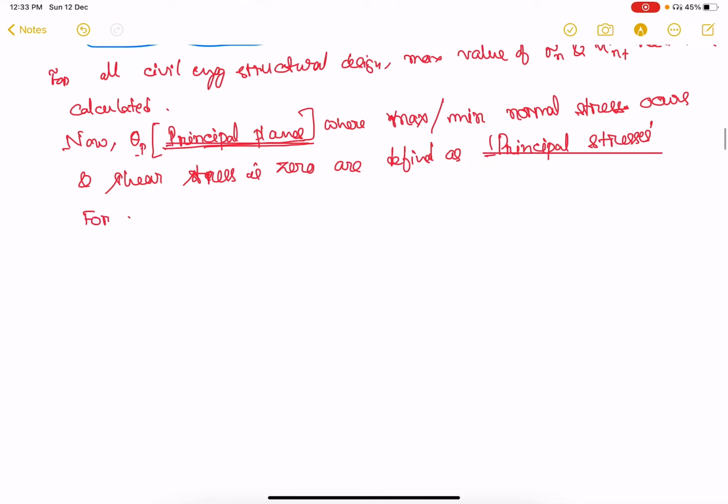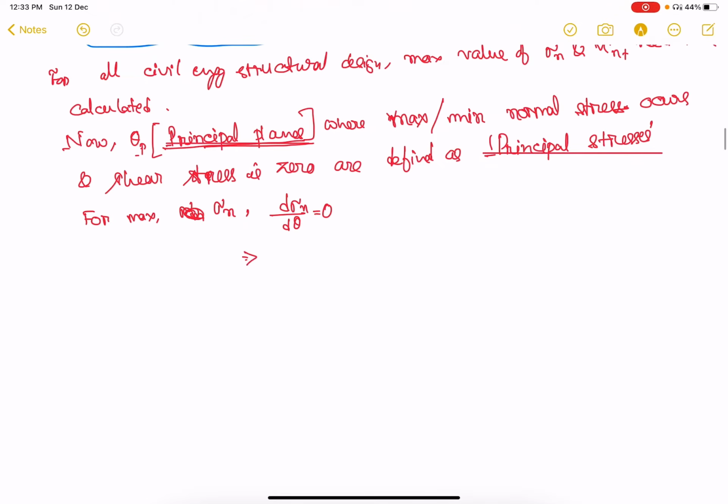For maximum sigma n, the derivative of sigma n with respect to theta is equal to 0.